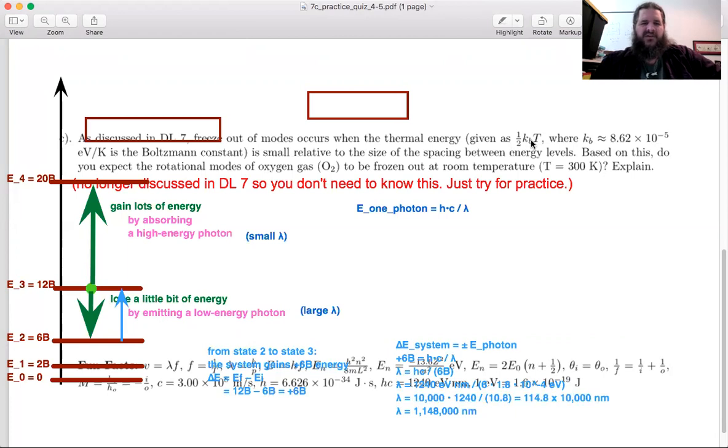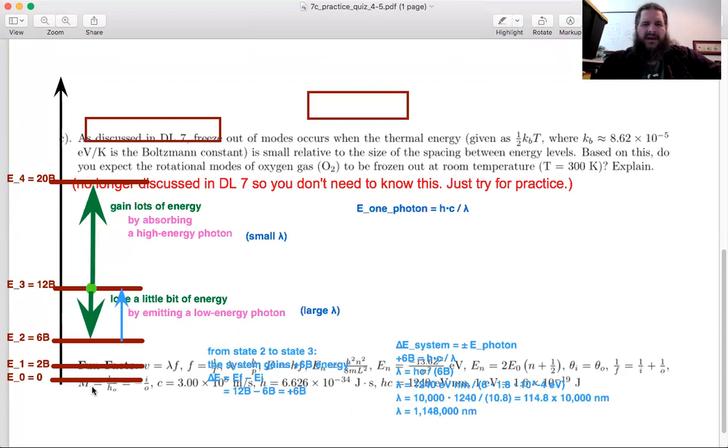So the question is, if we're at a certain temperature, let's say room temperature, we could just plug in 300 Kelvin for temperature and figure out how much energy is available and compare that to the amount of energy we need to jump from one energy level to the next. Because if the energy is too low, we'd be stuck at ground state, no rotation at all. To start rotating at all, you need to bump it up to 2B. Anything lower than 2B, and it can't exist in that in-between region. So it would just stay as not rotating.